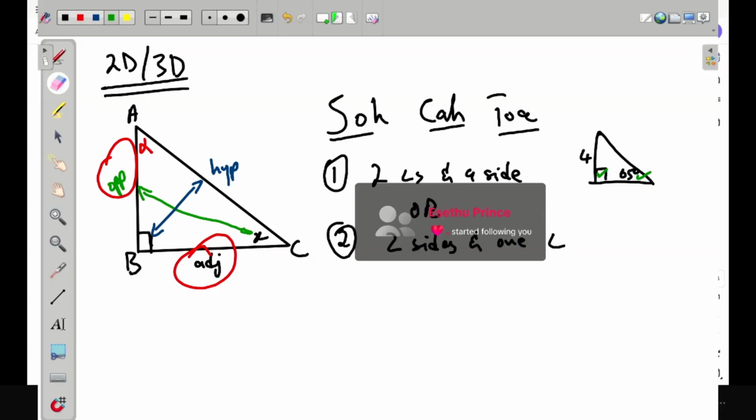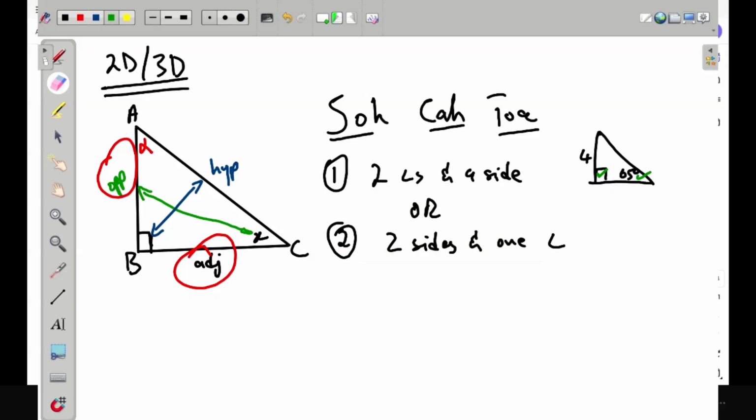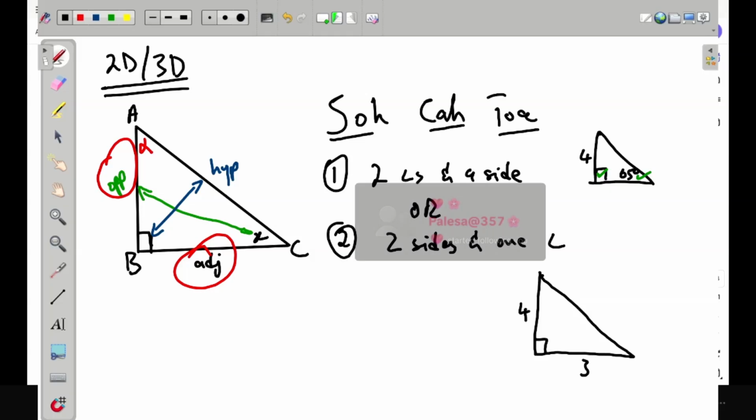All right? Pythag would say the square of the hypotenuse is equal to the sum of the squares of the other two sides. Then the other one, that is two sides and an angle. So if we tell you this one side is 4, this other side is 3, and maybe we still give you another angle 65.